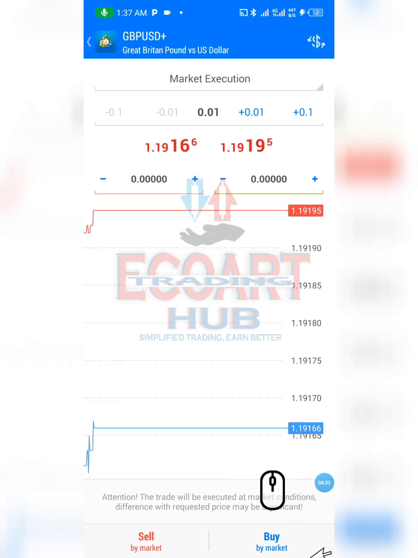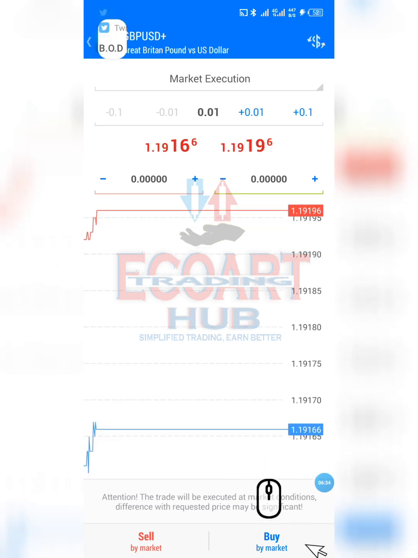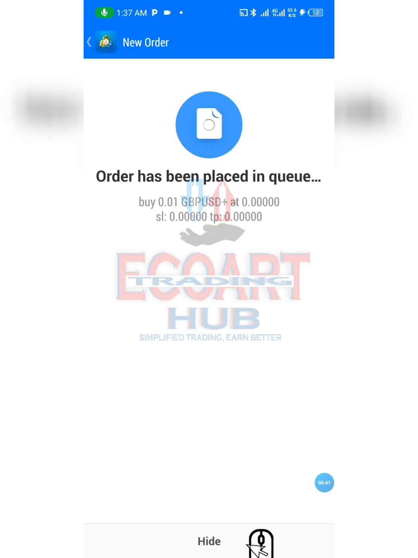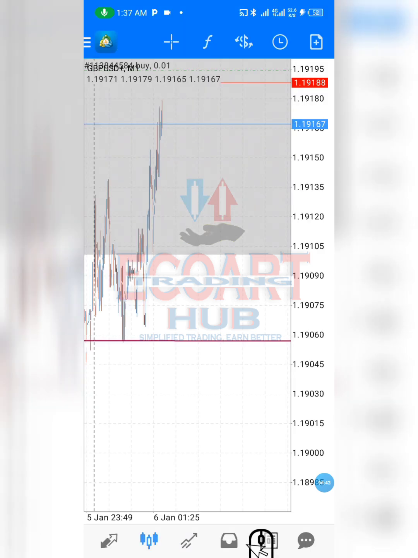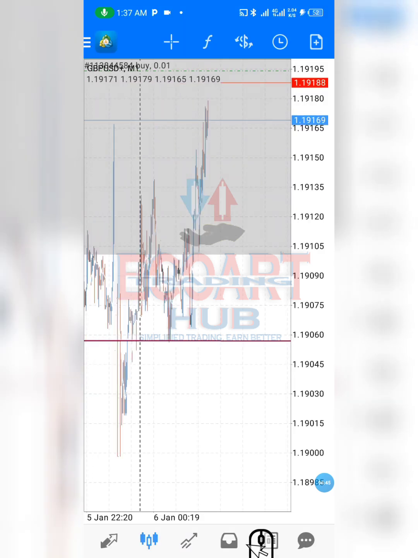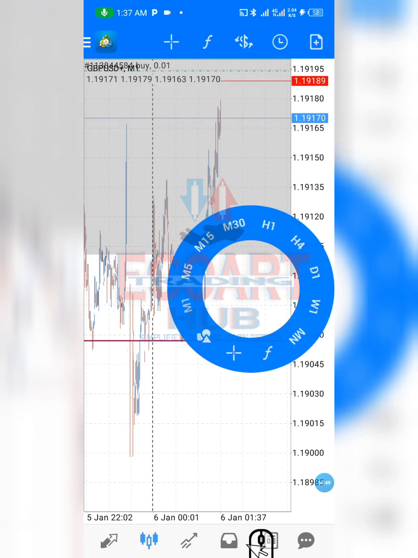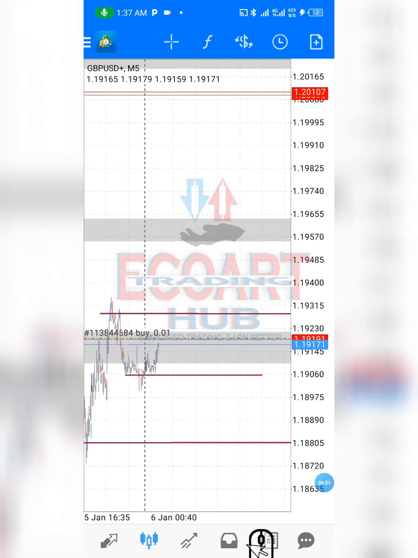I'm going to buy GBP USD on 0.01. Now I have my buy taken, and I'm expecting to exit my trade immediately price gets to this point, because this is the next swing high.